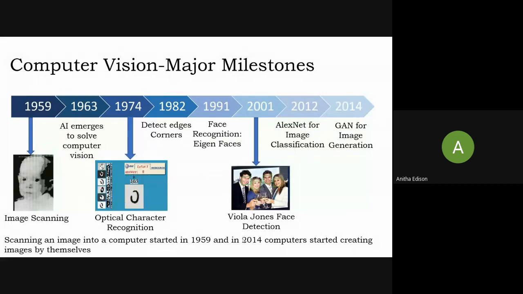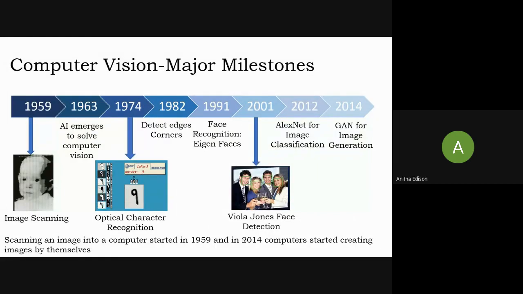After that, in 2001, Viola-Jones face detection was developed. This face detection algorithm was used in mobile phones while taking images. It usually shows a box around the face. And in 2012, there was a huge change, and that is when deep learning came into being.